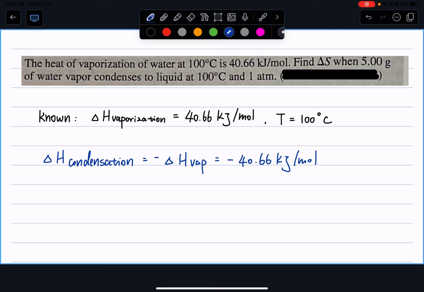Right, and then you have two ways to do it. First of all, you can find your actual delta H for this 5 grams of water. You convert it first, or you do the delta S calculation first.